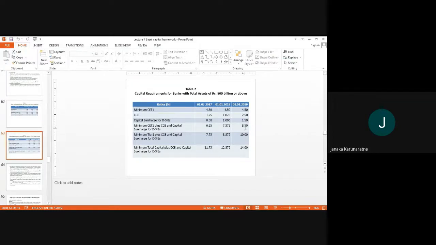So CET1 with the buffers and surcharge comes to 8.5, Tier 1 comes to 10, and the total will be 14 with all these surcharges, without the counter-cyclical buffer, which will be applied only if required. So in the Sri Lankan context, the requirements are a little more stringent than what Basel has suggested, so that our banks have a greater ability to mitigate any risk arising from unexpected and expected risks.